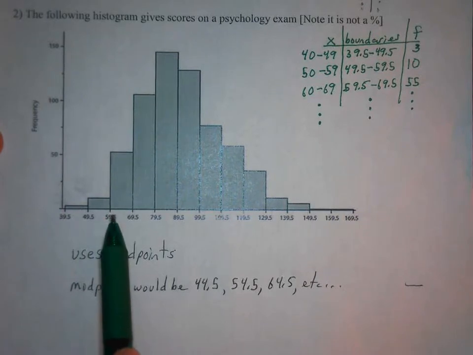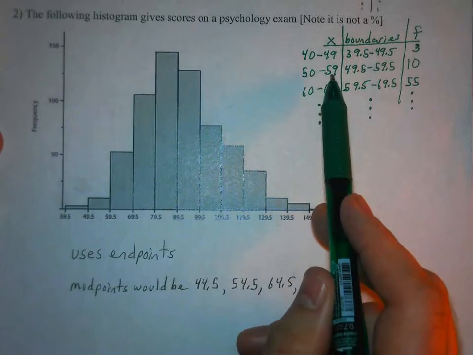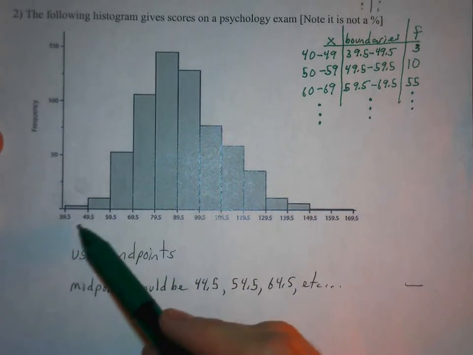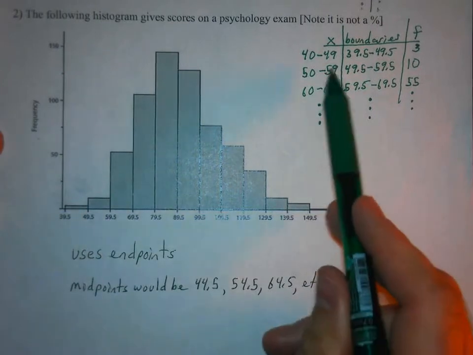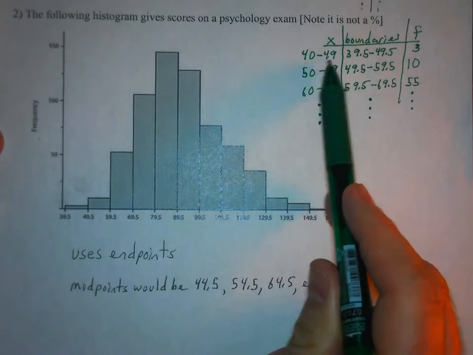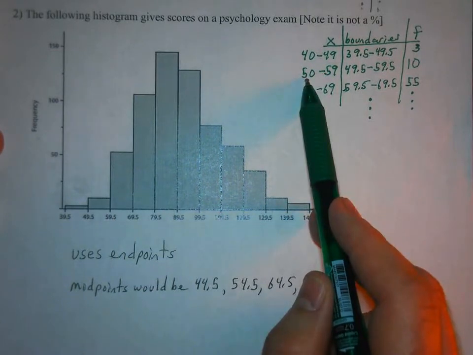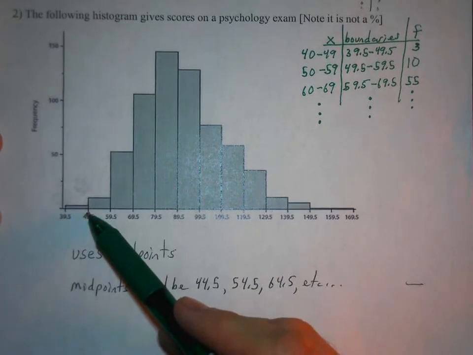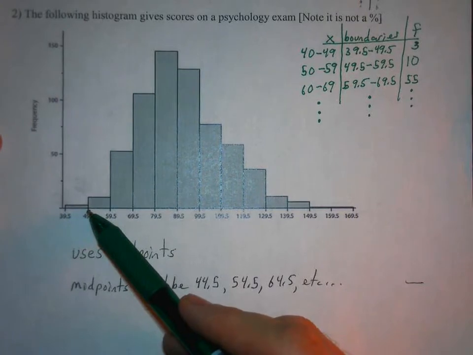If you just tried to label 40 to 49 and then 50 to 59 down here on the axis, between 49 and 50, where the first interval ended and the next interval starts, there's a gap of 1. So what would you label the end of this first bar? Would you label 49 or 50? That's the problem: you wouldn't know what to label it.